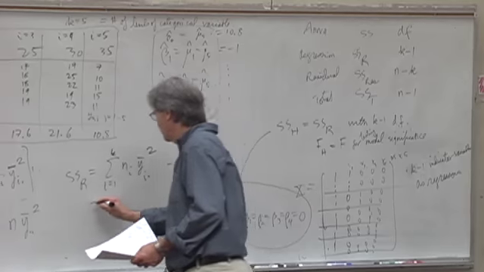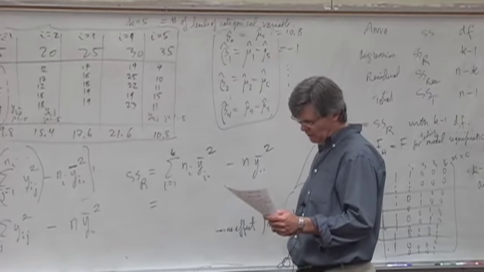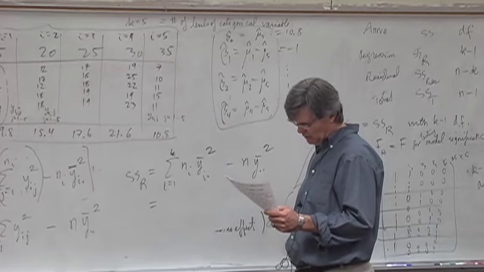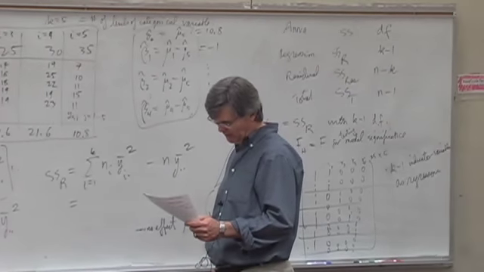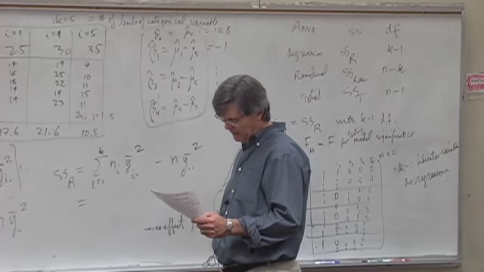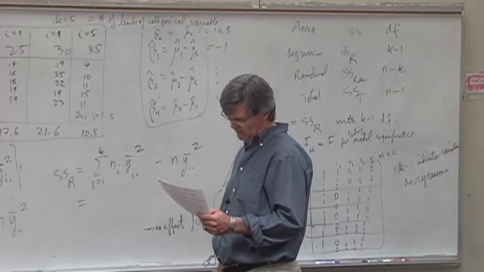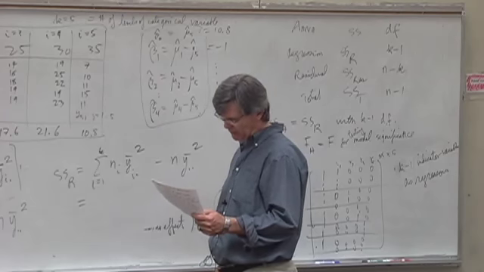So let's see if this comes out right, because I claimed that the SSR was, I can't read my writing at the bottom of this page either. What was the SSR? Oh, 475.76.